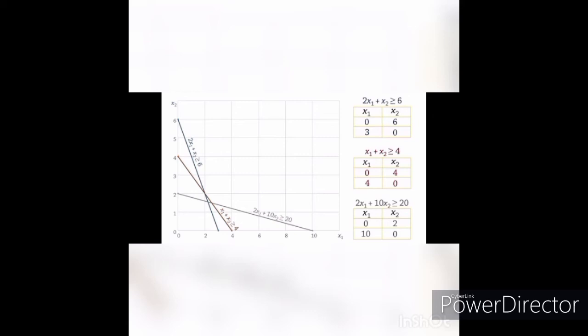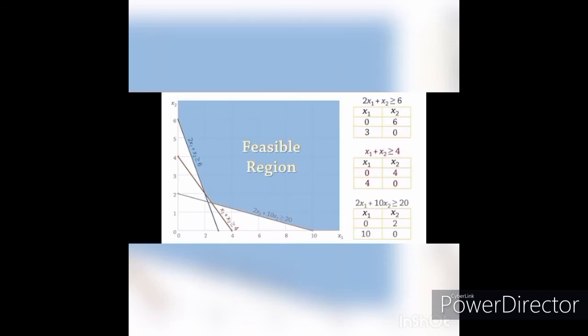For constraint 3, when x1 is equal to 0, x2 is equal to 2, and when x2 is equal to 0, x1 is equal to 10. So in this graph, here is the line for constraints 1, 2, and 3.